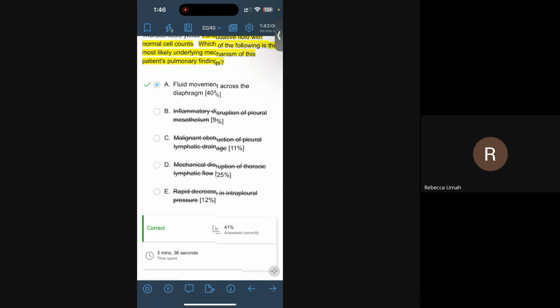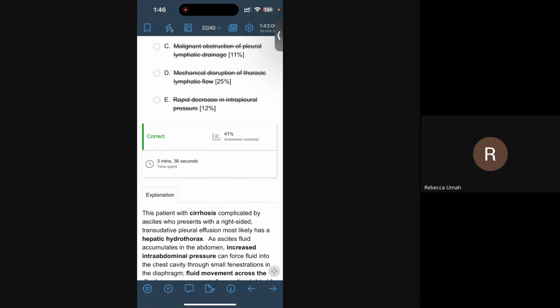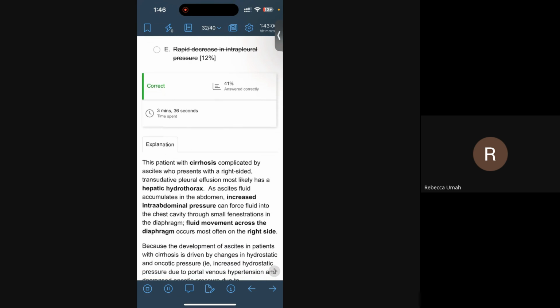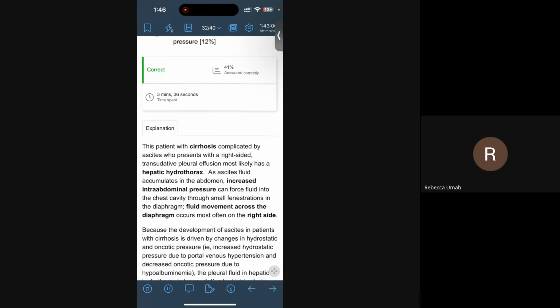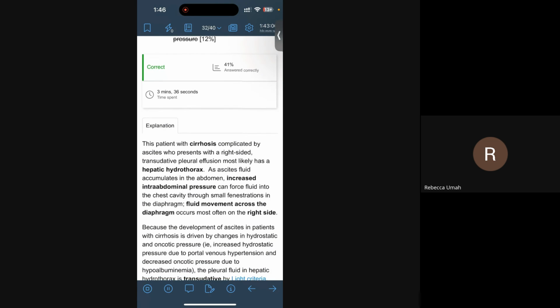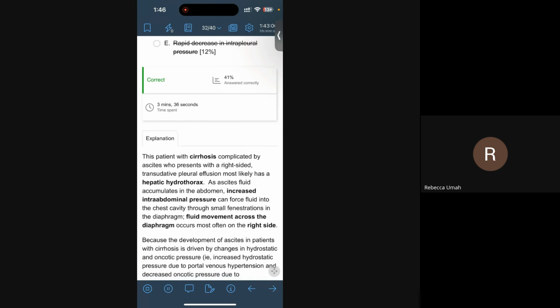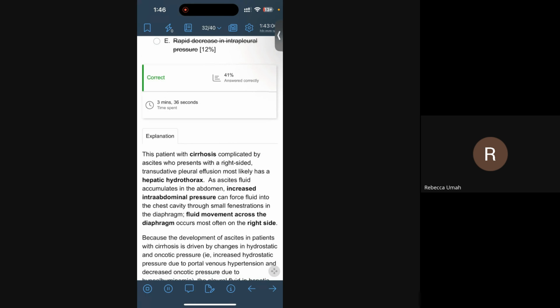So this question is about hepatic hydrothorax. A cirrhosis patient usually also develops transudative pleural effusion on the right side, which we call hepatic hydrothorax.